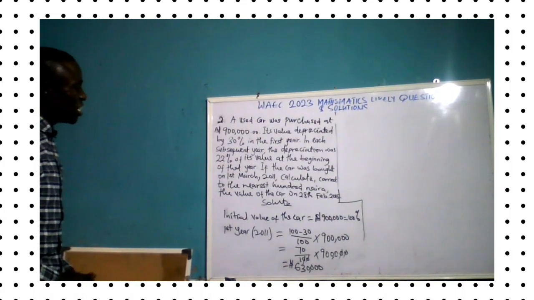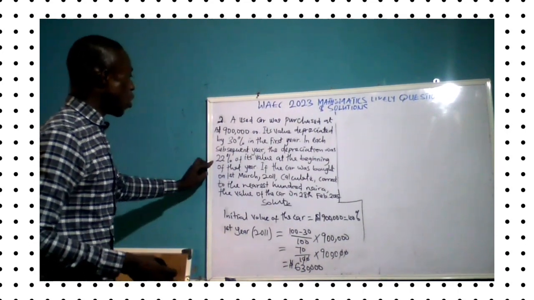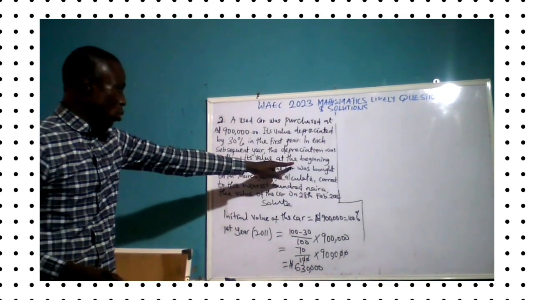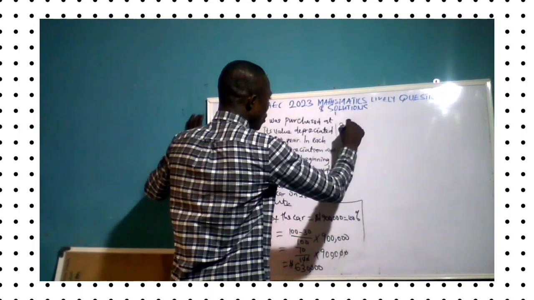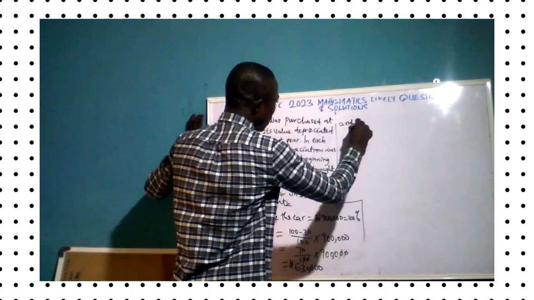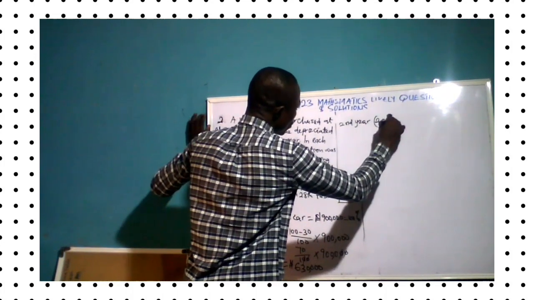Now we are told that in each subsequent year, the depreciation was 22% of its value at the beginning. The next year will be the second year, which is 2012.